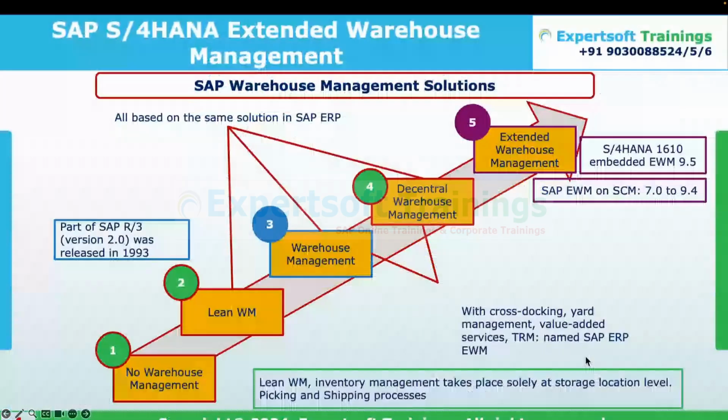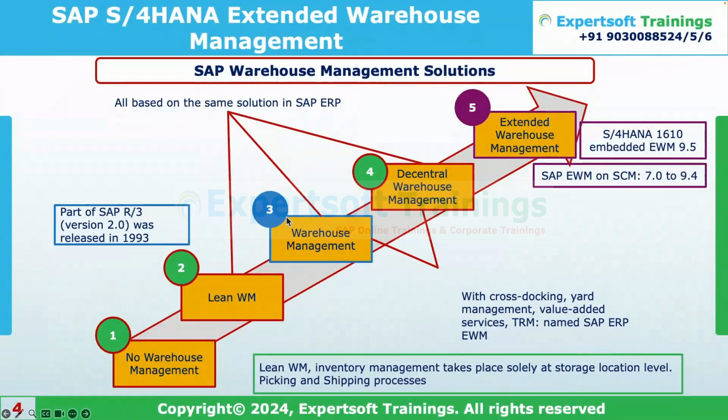Okay. So here we discuss point number 3 and point number 4. Because we are learning warehouse management solution or EWM, we need to understand SAP WM, just an overview, because the basic template of warehouse management solution is taken from SAP WM.